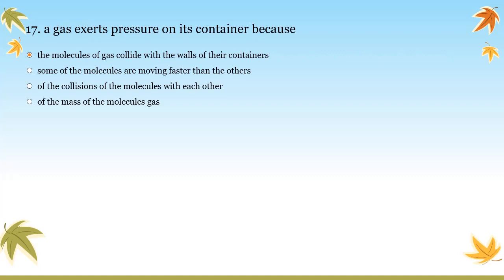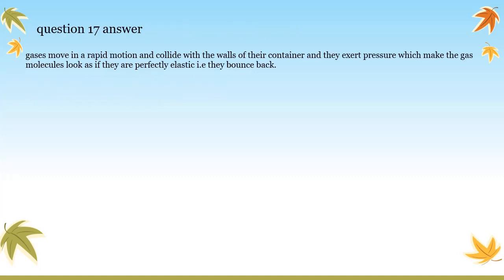17. A gas exerts pressure on its container because gas molecules move in rapid motion and collide with the walls of their container, and they exert pressure. This makes the gas molecules behave as if they are perfectly elastic, i.e. they bounce back. 18.